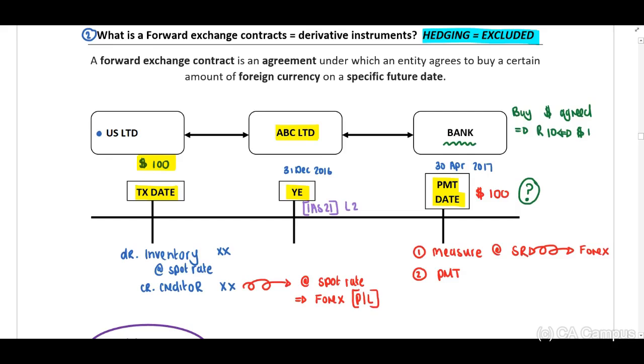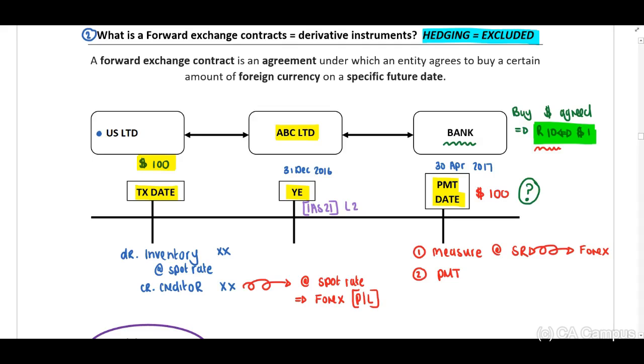And on payment date, ABC Limited will receive this agreement, the 10 Rand per dollar. They will receive $100, and in return, they will have to pay 10 Rand per dollar. Now, the problem with this is, guys, that we do not know what the currency will be on payment date.